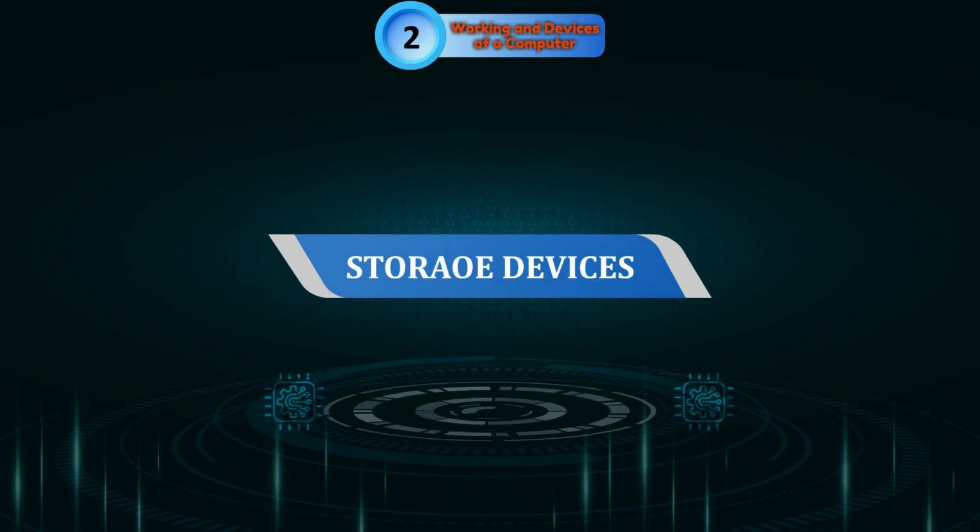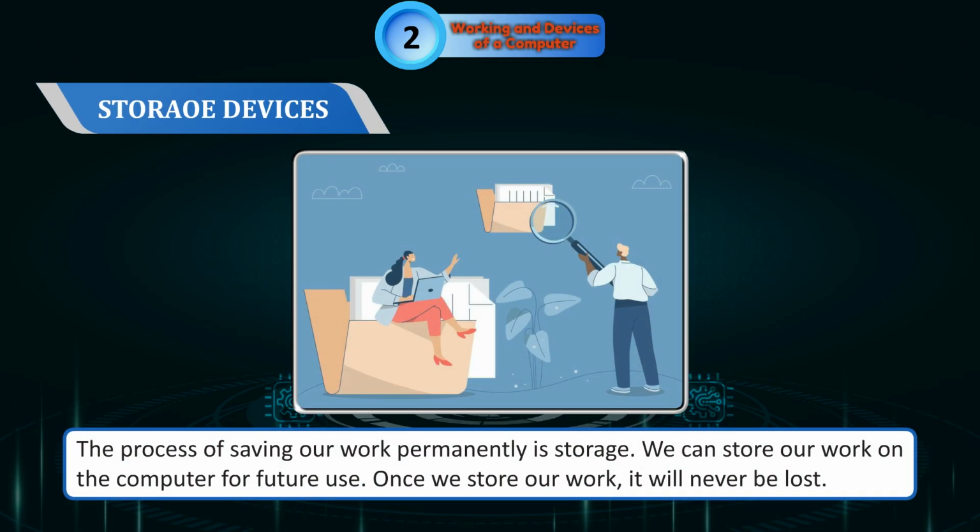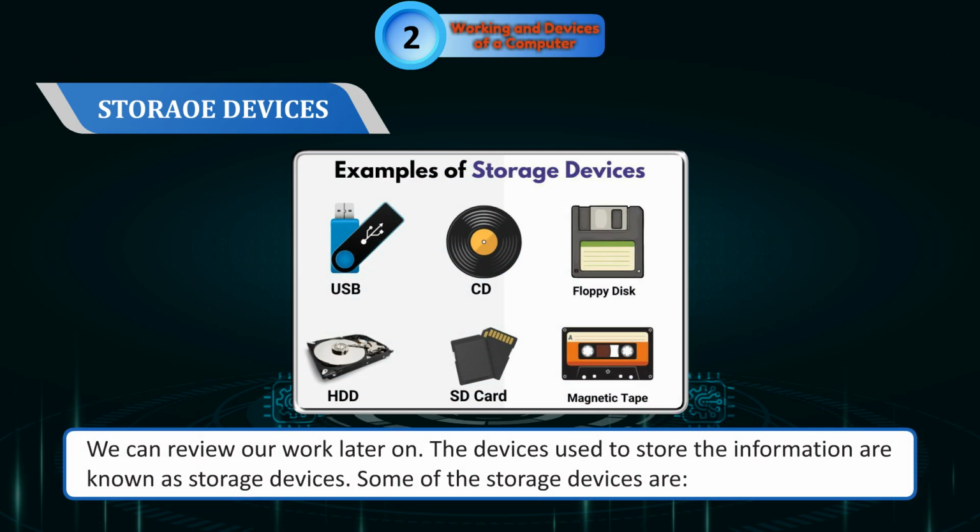Storage devices. The process of saving our work permanently is storage. We can store our work on the computer for future use. Once we store our work, it will never be lost. We can review our work later on.